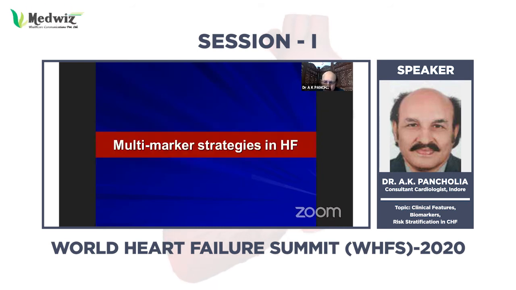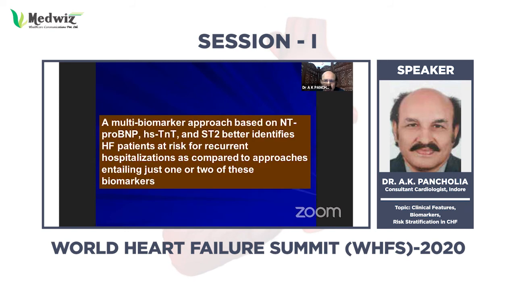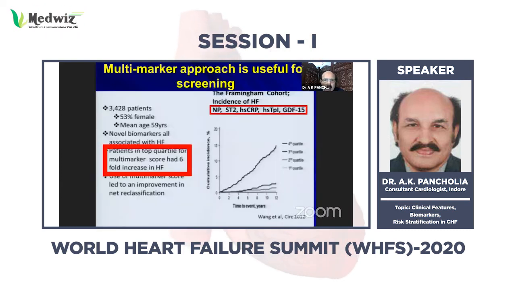Now coming to the last issues, there are multi-marker strategies in heart failure. The multi-marker approach based on NT-proBNP, troponin, and ST2 better identifies the heart failure patients at risk for recurrent hospitalization as compared to approaches entailing just one or two of the biomarkers. Multi-marker approach is useful in screening.